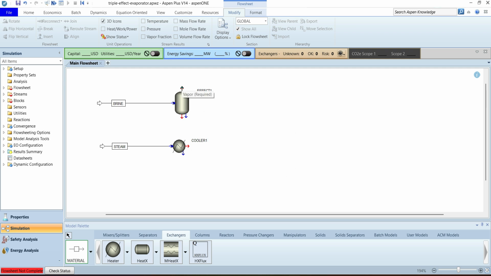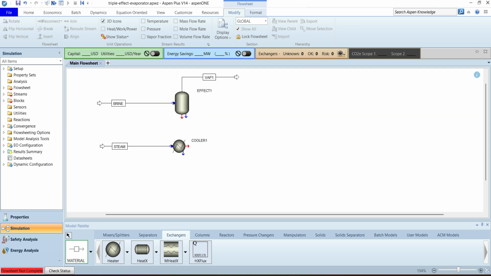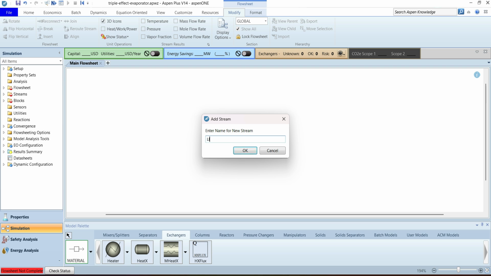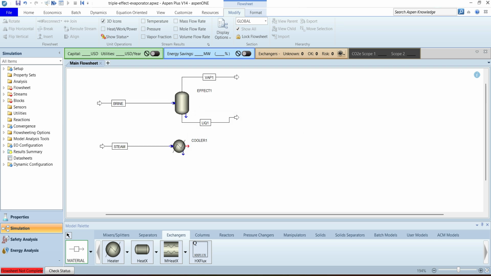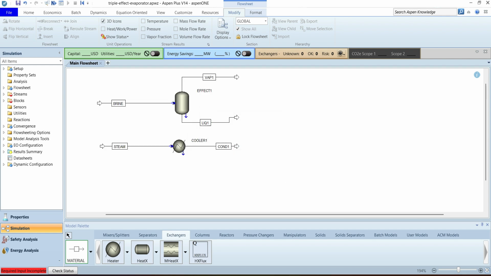For the flash block, we have one vapor outlet product, let's call it vapor 1, and one liquid product, call it liquid 1. Similarly, from the cooler block, we have one discharge product, the condensate. Let's call it condensate 1.